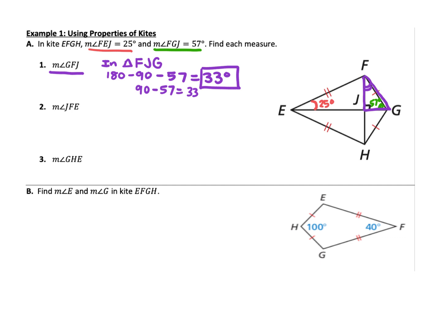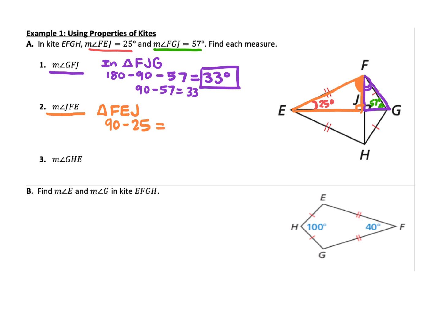Now let's move on to calculating the next one. So we want to find the measure of angle JFE. That's this angle right here that I just colored in orange. Once again, I'm going to use the triangle. So if we focus in on triangle FEJ, that's this one that I'm outlining in orange, we again have a right triangle, so I could either start at 180 or just start at 90 and subtract 25.